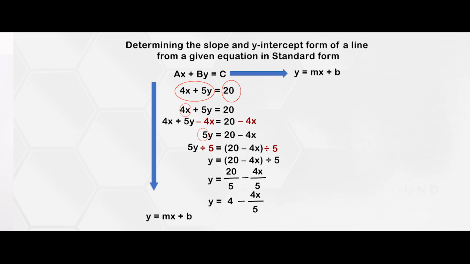The second term in our equation, minus 4x over 5, comes in the front, and the positive 4 goes back. So we have y equals negative 4 over 5 x plus 4. So this is how we go from a standard form of equation to slope and y-intercept form.